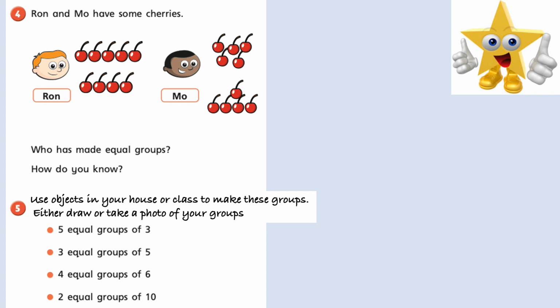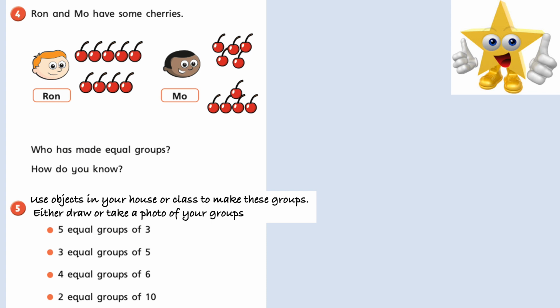Ron has 2 groups and Mo has 2 groups. Who has made equal groups? How will I check the answer? I'm going to have to count how many each of them has in each group, aren't I? So Ron has 1, 2, 3, 4, 5. 1, 2, 3, 4. 4's less than 5, isn't it? Those groups aren't equal, are they?